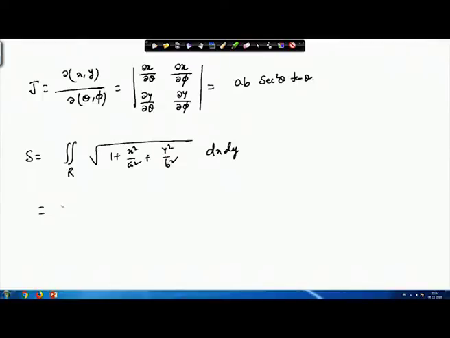So in the xy plane, phi will vary from 0 to 2 pi, and theta would vary from 0 to theta, of sec theta times a b sec square theta tan theta d theta. So our limit for theta is basically 0 to theta.